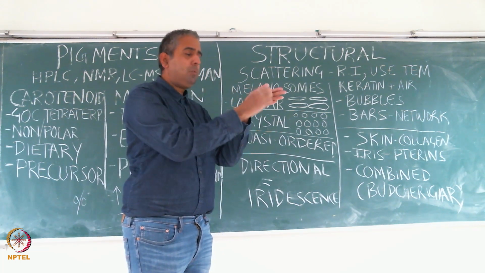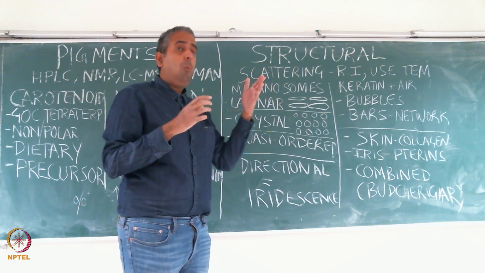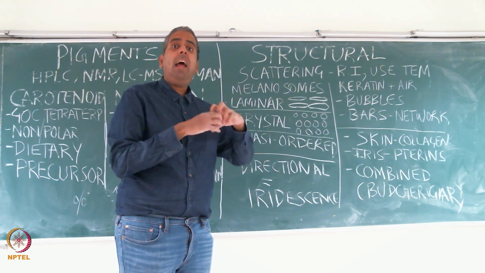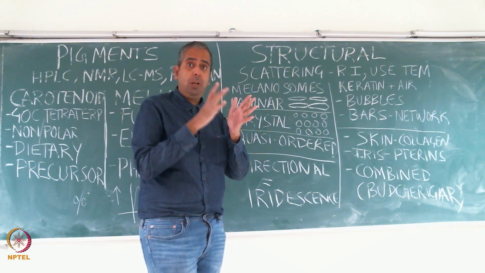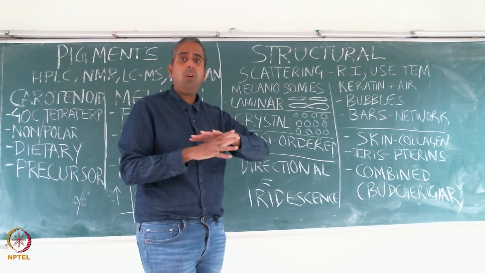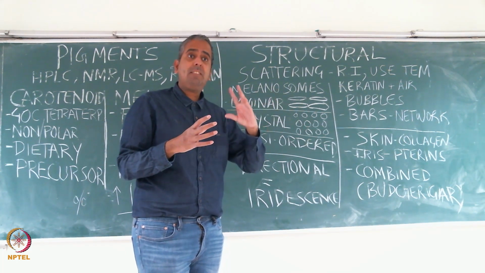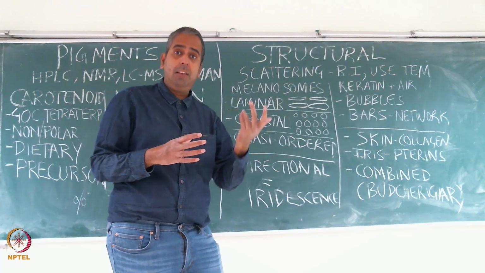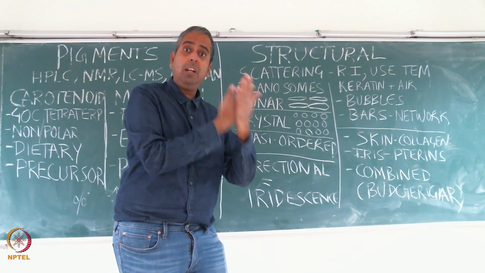If you have groups of objects arranged in a specific order, when light falls on them, they will function like a diffraction grating and scatter light. And if they are arranged in a specific way, they won't scatter all wavelengths of light equally. As a result, some wavelengths of light will be scattered more than others, giving that substrate a particular color.